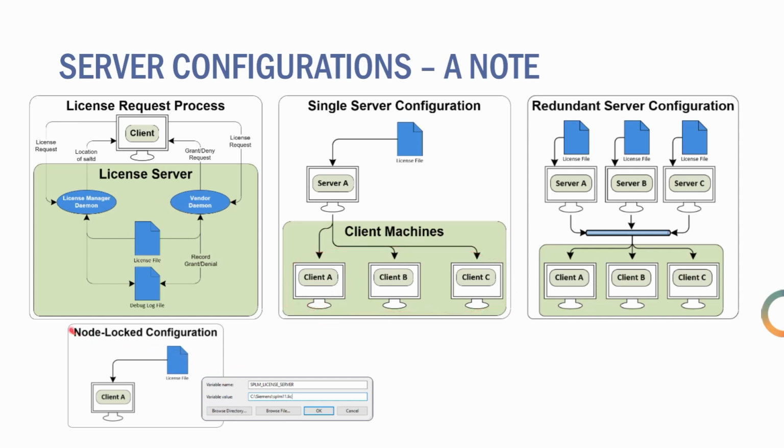Alternatively, you can have a node locked configuration, which really just needs a license file. The environment variable points directly to the license file. It's not port at host to get to that, it is just a node lock license file.